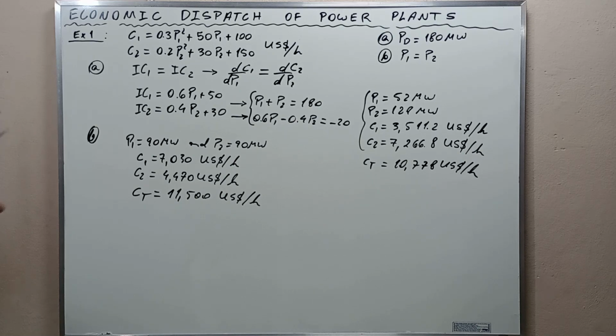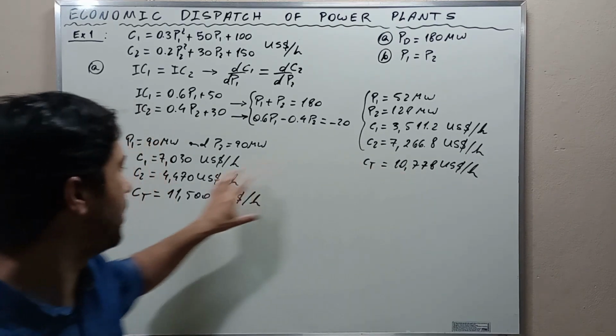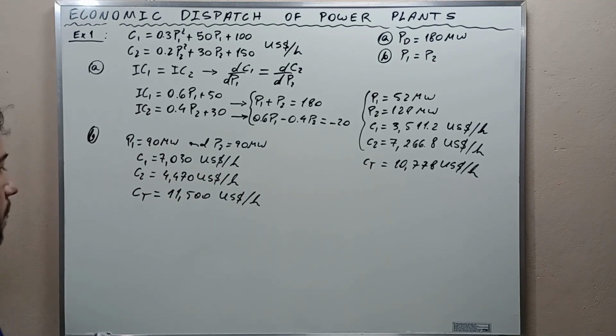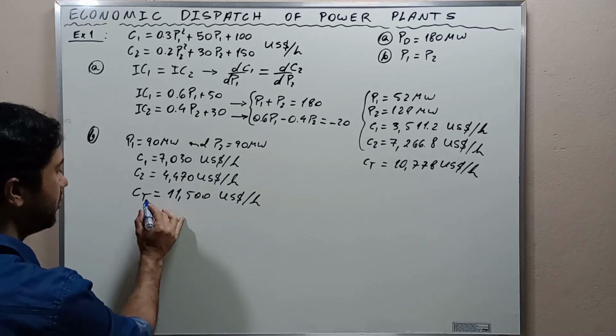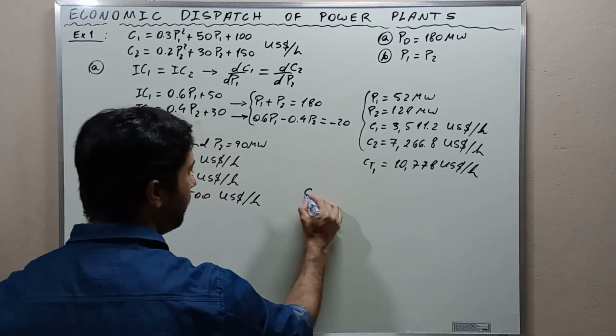The savings when we operate optimally rather than when the load is shared equally is going to be, let's put it CT2 and CT1.